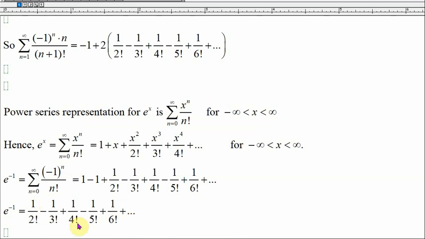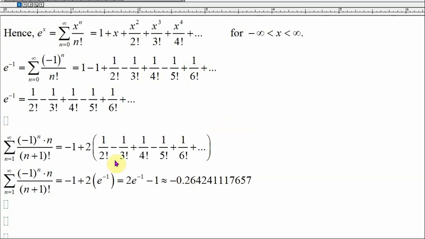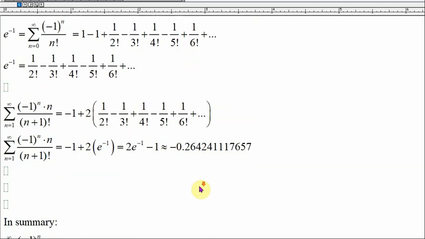And this sum right here is this, and so this part right here would be e to the negative 1. Then simplifying, we get 2e to the negative 1 minus 1, which is approximately negative 0.2642.